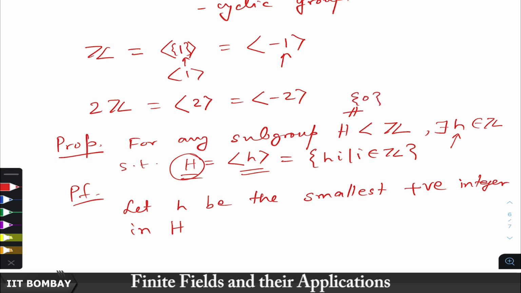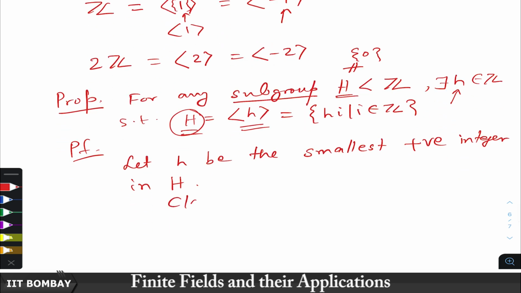If it is 0, then there is no such positive integer at all, but if there is a negative integer but not a positive integer, that cannot happen, because this is a subgroup. So, its negative also must be there, which is a positive number. So, if there is a non-zero number, there must also be a positive number in H. So, take the smallest positive number in H.